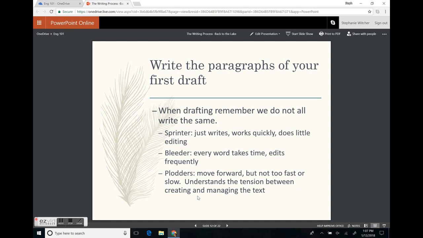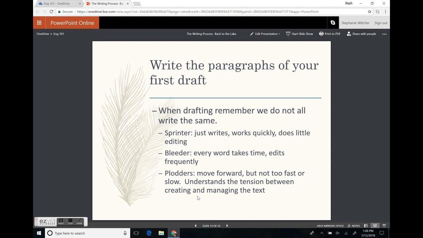If you're a bleeder, on the other hand, usually you don't need someone to edit for grammar and things like that. Usually what you need to have somebody look at is your content, and are there places where you could be more specific. So keep those things in mind.